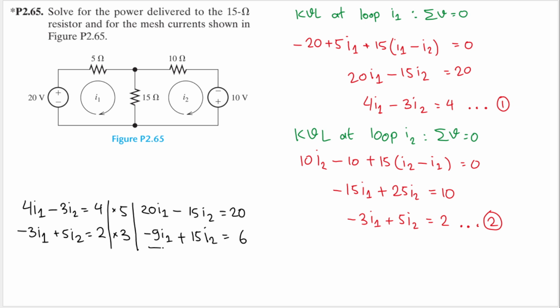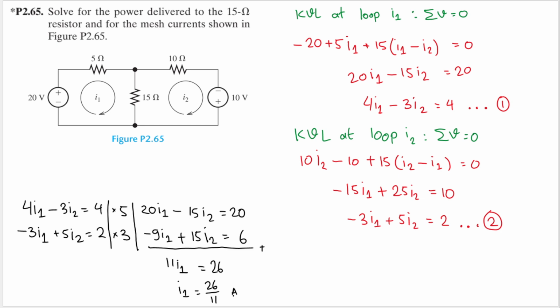Okay, let's add them up. So we will have 11 I1 here, and on the right hand side we will have 26. So I1 will be 26 over 11, and the unit here will be ampere.